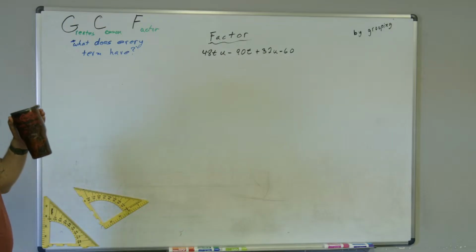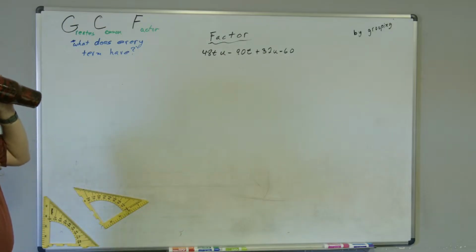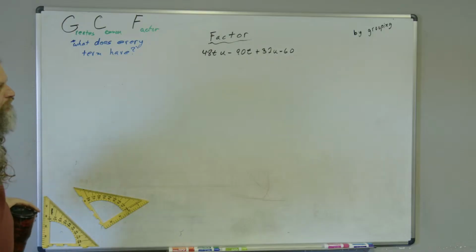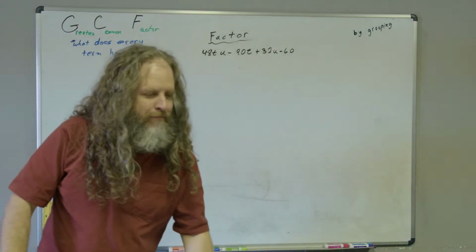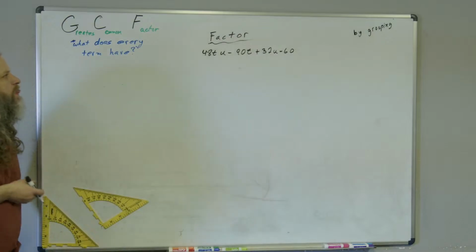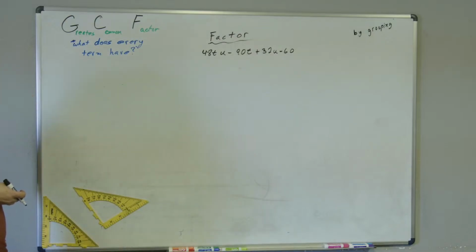Okay, what could we do? What's not possible? Grouping. I actually do have a common factor, but is that a 9 or a cube? That's a 9.